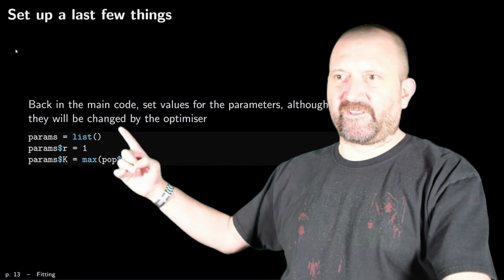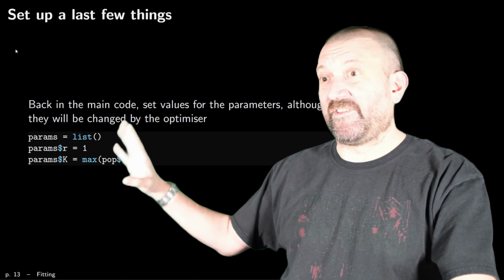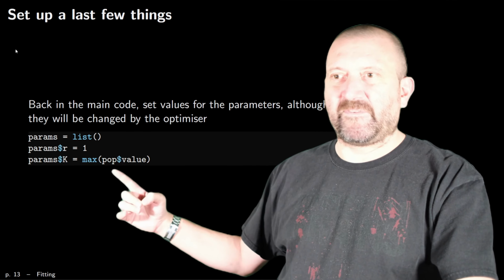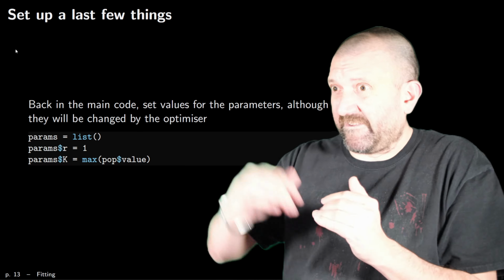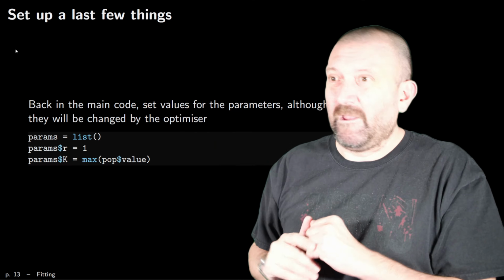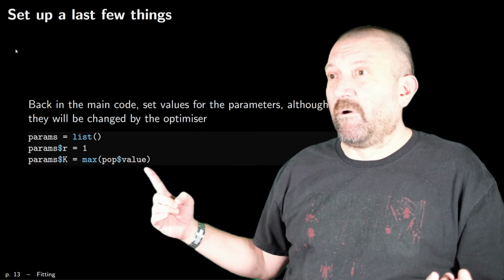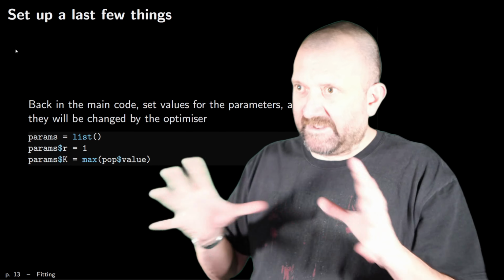Yes, I forgot this slide. So here I'm just saying, okay, I'm taking a random value for R, which is going to be modified by the function. But for the carrying capacity, remember, carrying capacity is the limiting population, I'm taking it to be the biggest value in my data.